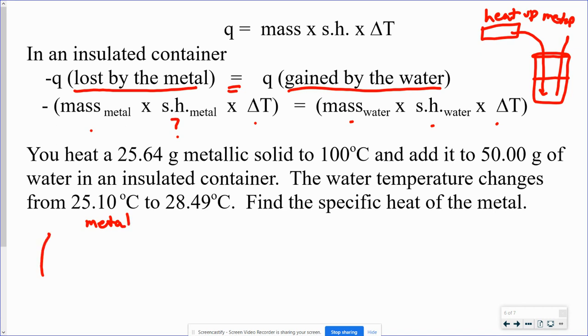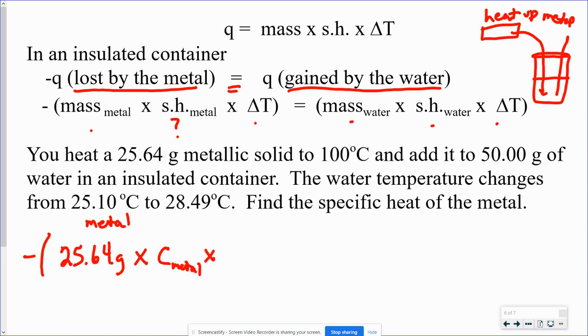And since the metal's losing heat, there's a negative sign there. Okay, so how much did the metal weigh? 25.64 grams. Okay, what I don't know is the specific heat of the metal. That's my variable. Again, I'm going to call that C. This is for the metal.